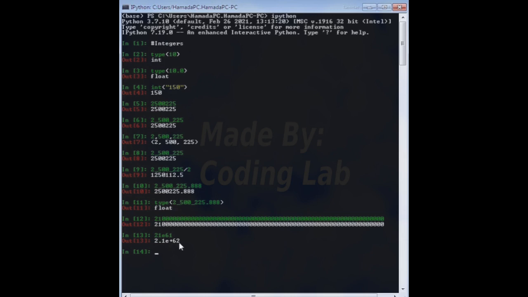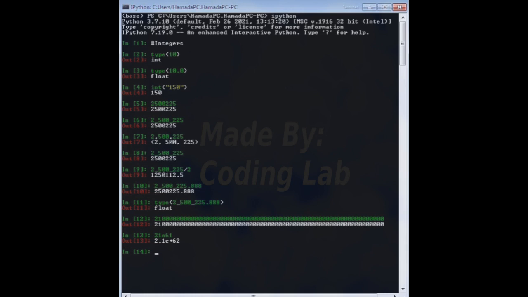It's the same. So this is a simple representation of my large number. We call it exponential notation, or E notation for short.